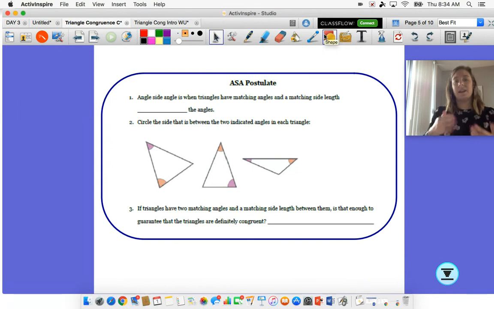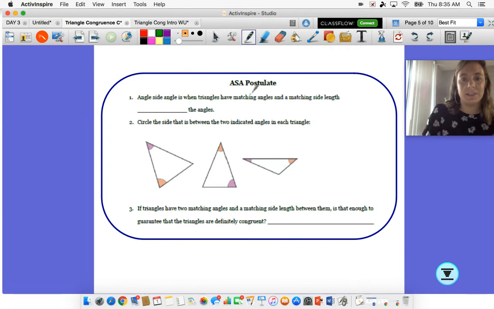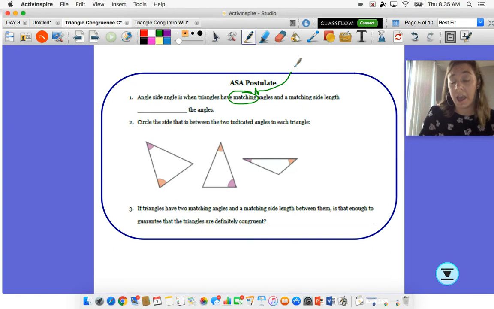So let's go back to this. Angle, side, angle is when triangles have matching sides. I don't love this word, but this is coming from School Yourself, which I've done in an earlier video, and I would suggest if you need another explanation to hear this from someone else, going and checking out School Yourself. I think it's great for this.